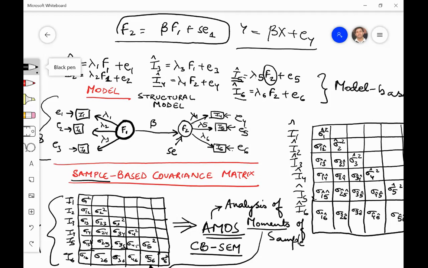So everything is derived from the independent factor, F1. This path shows that there is a regression, a causal path here, which we are also estimating in our structural model.